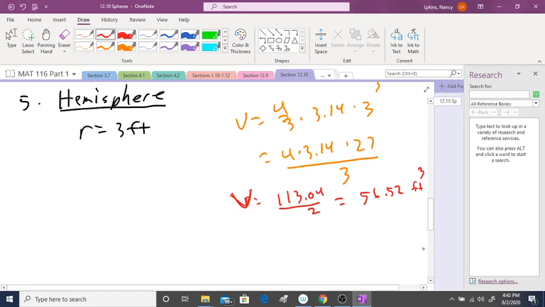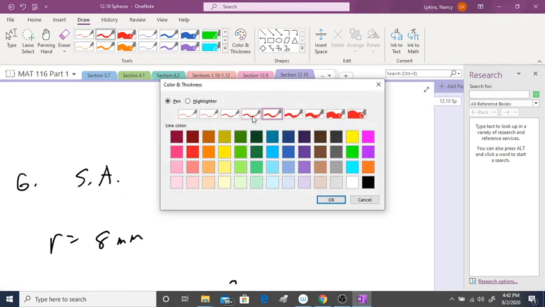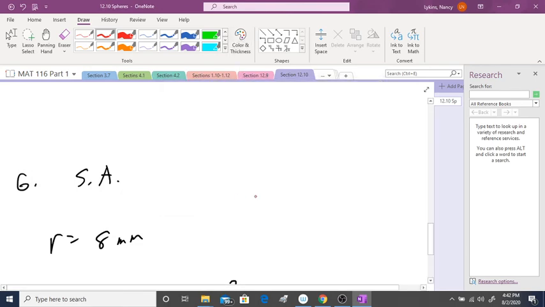Now the last thing is surface area. Surface area is always going to be 4 pi r squared. So then all you have to do to find surface area is just plug it in.